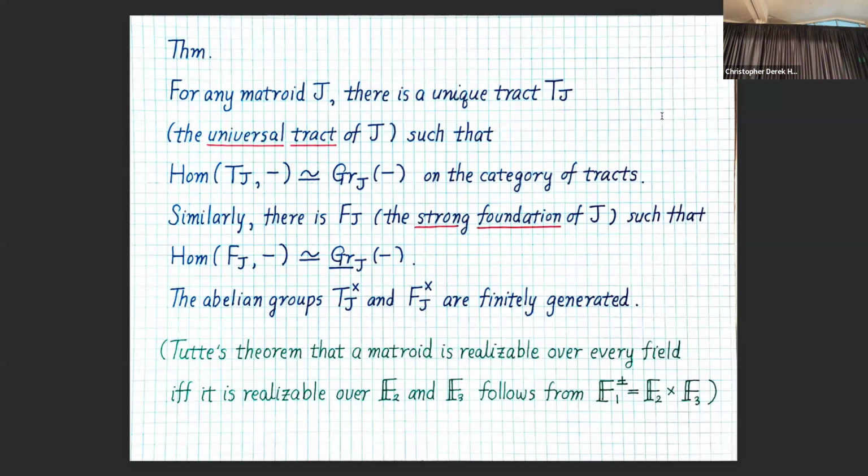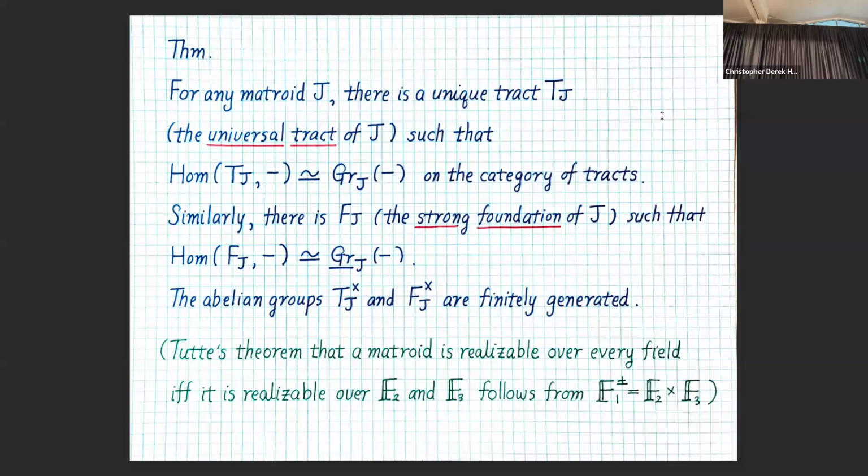So there are many statements that sound very weird or strange or miraculous, like the theorem of Tutte, which says that a matroid is realizable over every field if and only if it is realizable over F2 and F3. Why is this true?